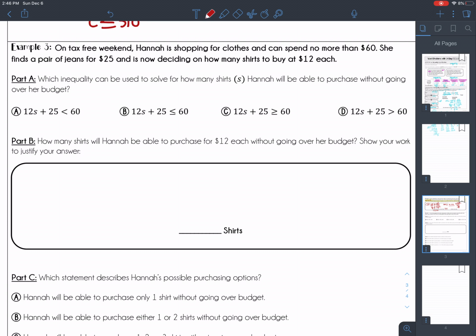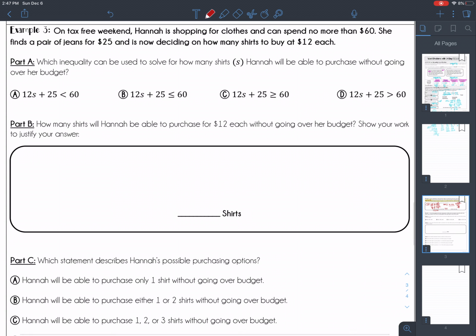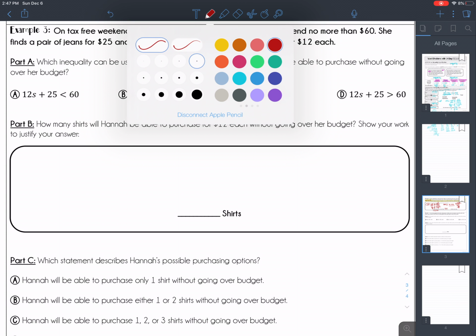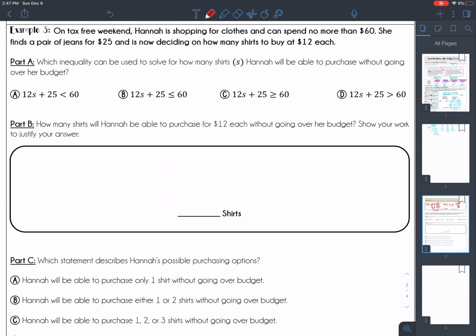All right, now I'm going to go in and solve. Hopefully you tried it. So on tax-free weekend, Hannah is shopping for clothes and can spend no more than $60. She finds a pair of jeans for $25 and is now deciding how many shirts to buy at $12 each. So I'm going to go a little bit smaller with my pen. Defining our situation here, our first step is to find the variable. So what is our variable?